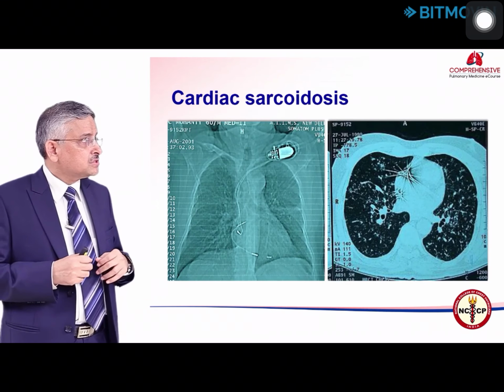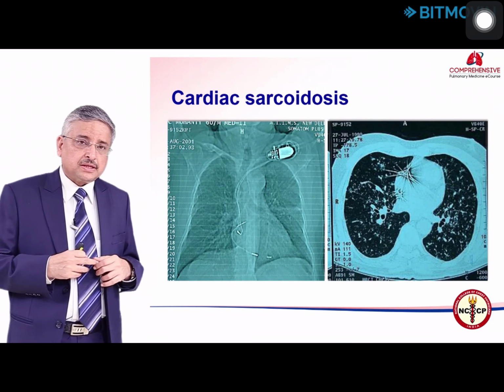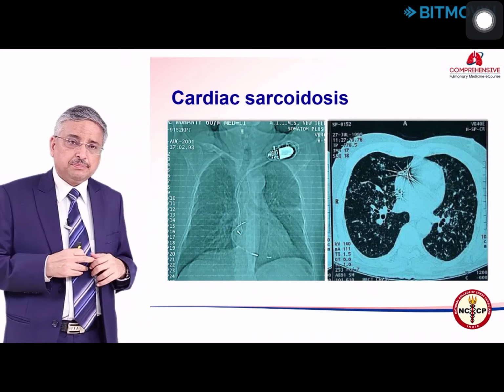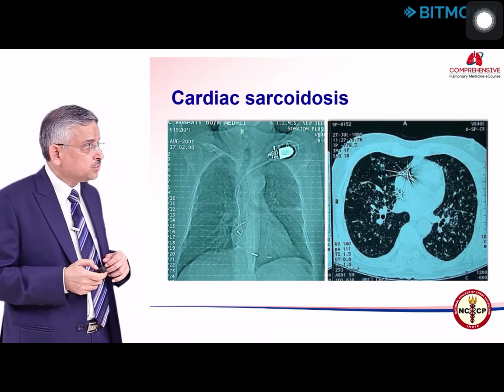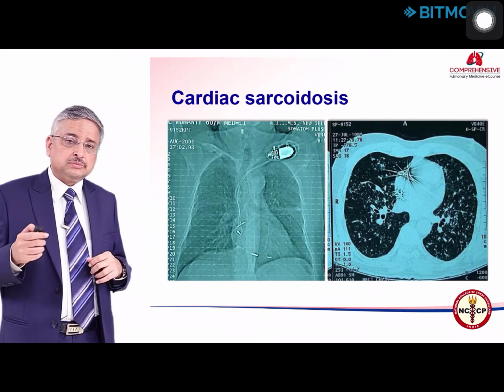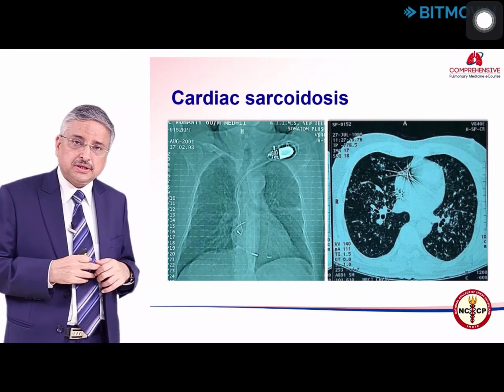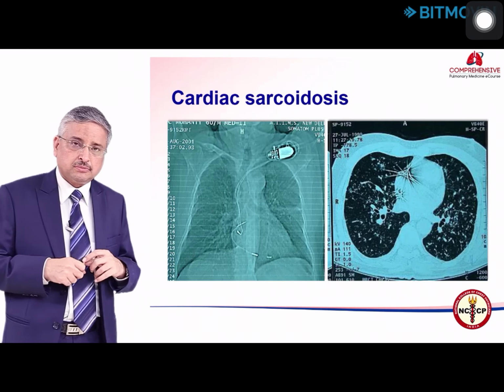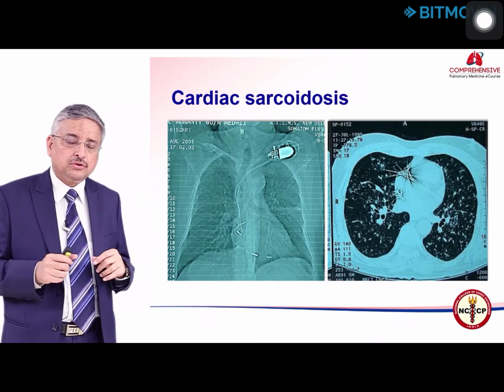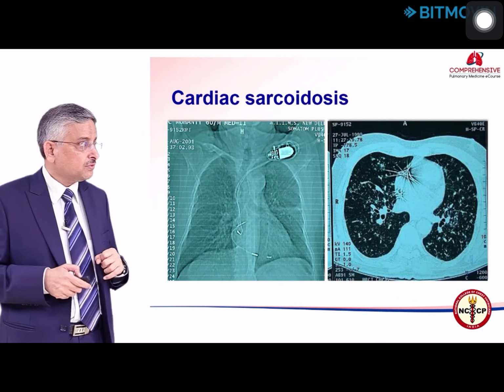The other important thing is to look for cardiac involvement, and some of these patients may present with palpitations. This is one patient who was referred to us by the cardiologist. He was seen in cardiology where he had a complete heart block and they thought it was sclerodegenerative heart block, but the X-ray did not look very good, and so he was sent to us for evaluation.